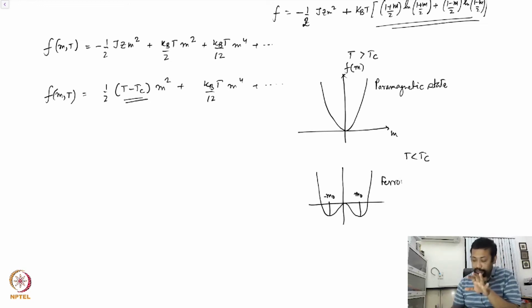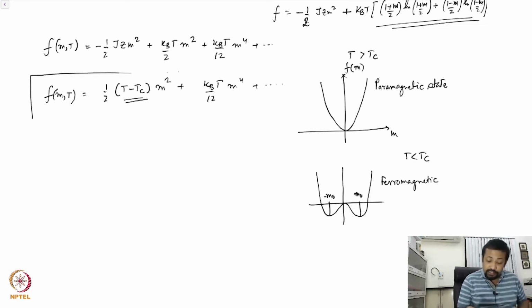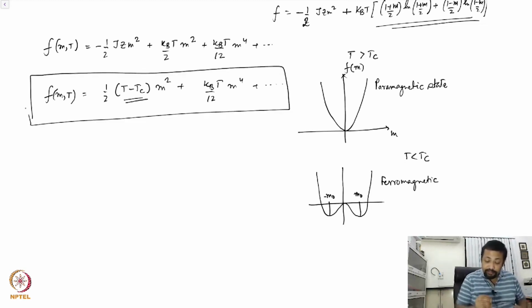A true ferromagnetism is very, very complicated, but it's a very simplistic coarse-grained modeling of the paramagnetic to a ferromagnetic transition. So you immediately see that this nice free energy explains your paramagnetic to a ferromagnetic transition, right? So this is the Landau Ginzburg free energy.